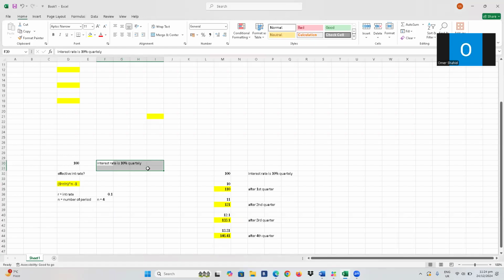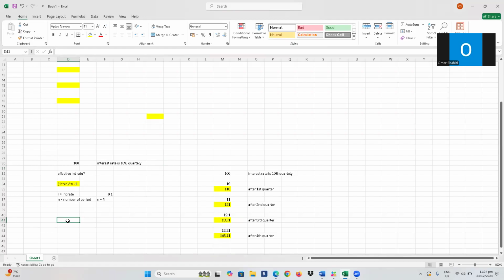So if they give us the yearly rate, then we need to divide it by 4, because we need it for quarterly. But for now, in this example, they have given 10% quarterly, so we do not need to divide it by n.